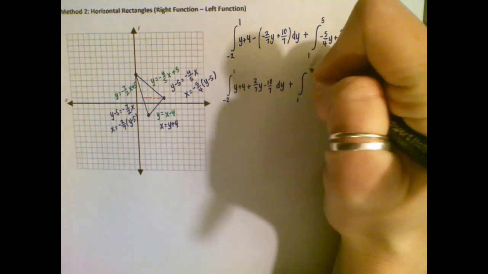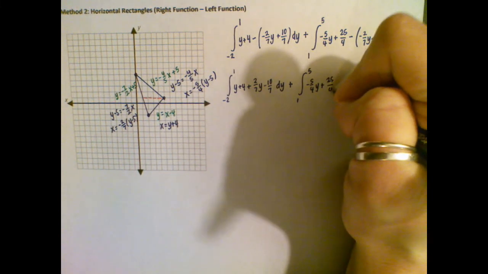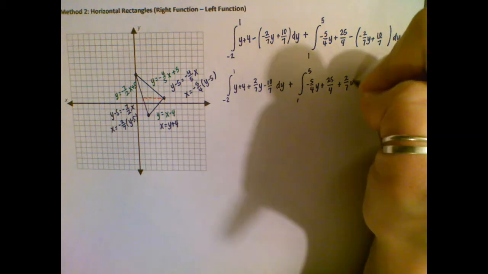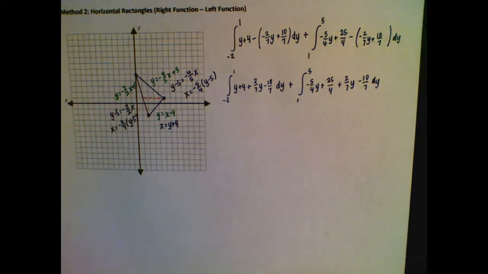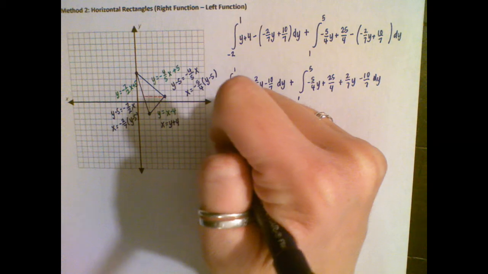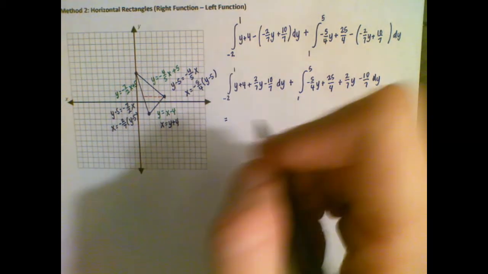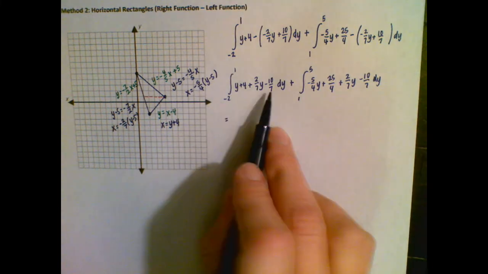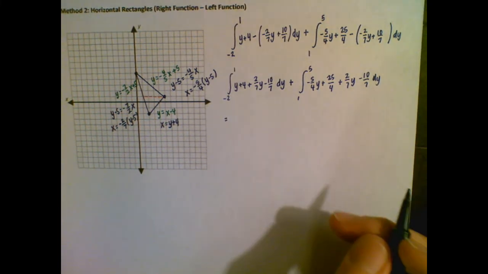And then my integral from 1 to 5 of negative 5/4 y plus 25/4 plus 2/7 y minus 10/7 dy. And then again, I can just use my calculator to evaluate what those quantities are going to be. So I actually already did that work out, but you can, again, use your calculator to integrate those. Just make sure that you're plugging them in terms of x in your calculator. It'll still calculate the same area.